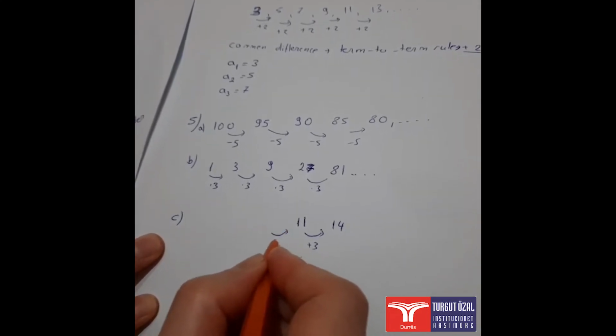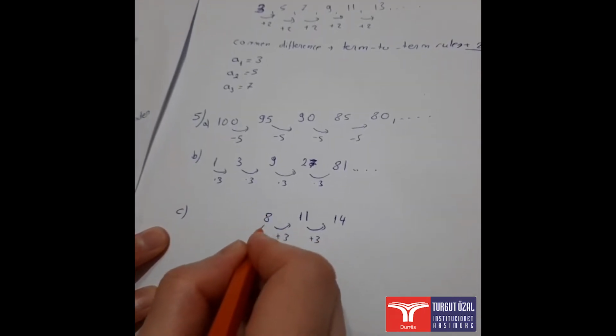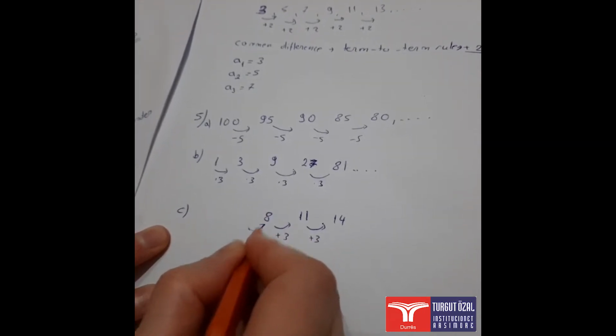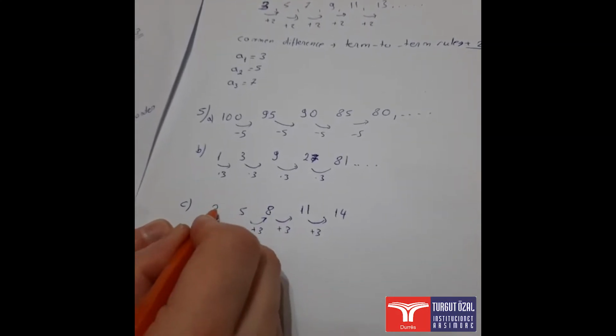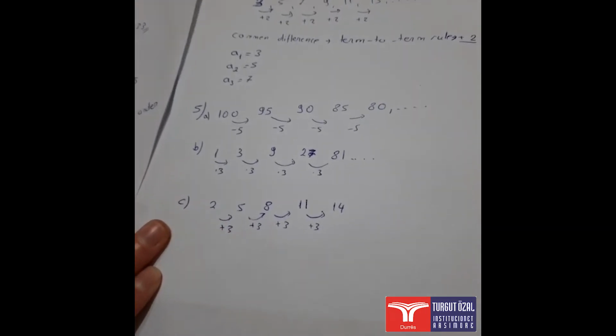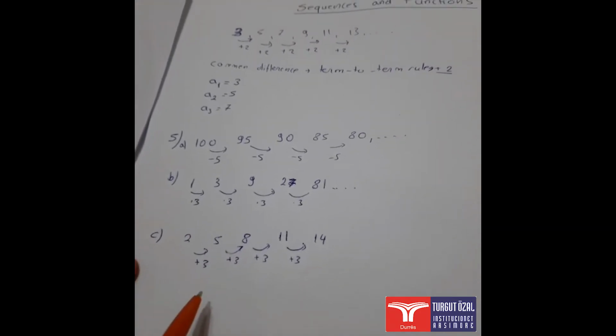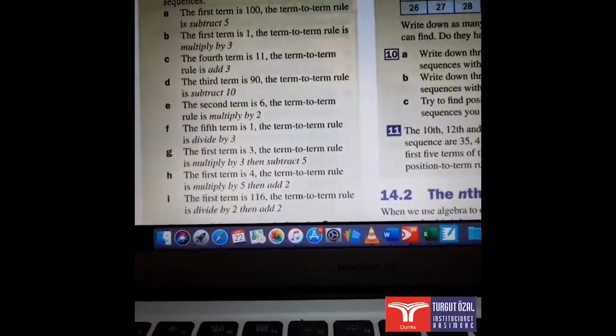So 11 minus 3 is 8. 8 minus 3 will be 5. 5 minus 3 will be 2. So these will be the terms of our sequences. In the same way, you can continue with the other ones, D, E, F, G, H, I.